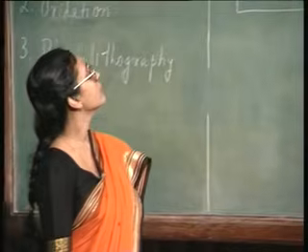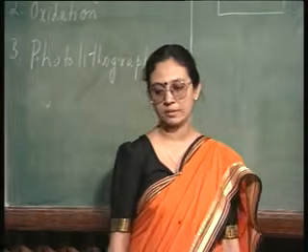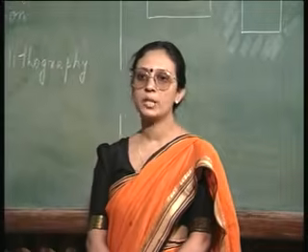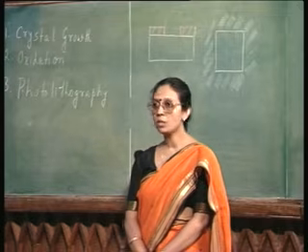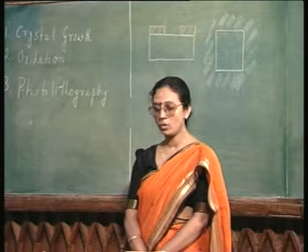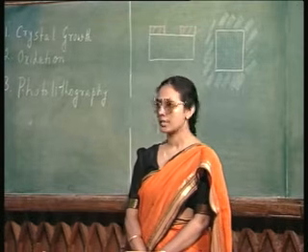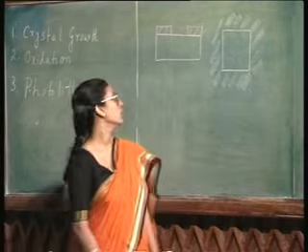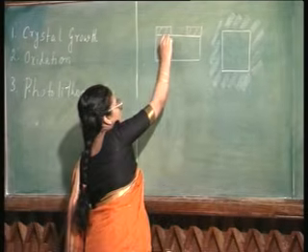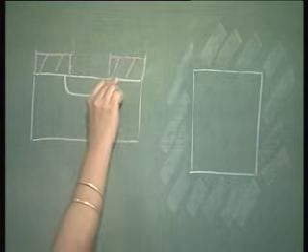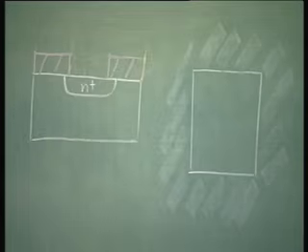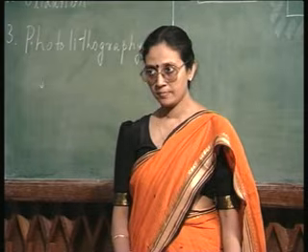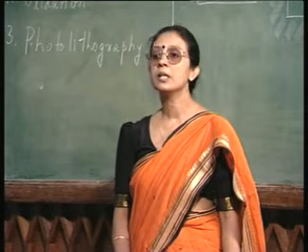After you have realized this window pattern, the next step will be to dope through the window, dope through the region where the oxide is not present, and we usually do a diffusion, an N plus layer diffusion, N plus, that is very heavily doped N region. This is usually done by diffusion.